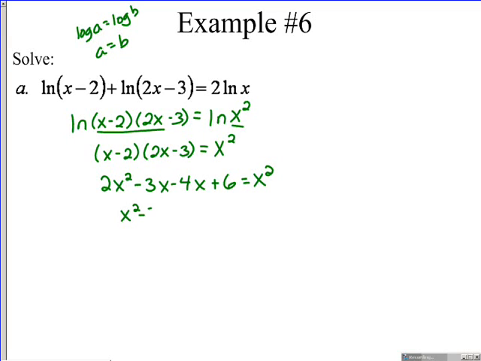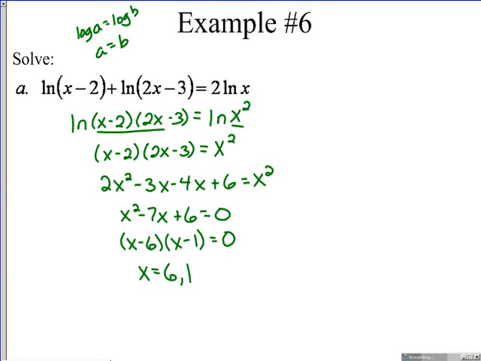We get x squared minus 7x plus 6 equals 0. This is factorable. Numbers that multiply to be 6 and add to be negative 7 are negative 6 and negative 1. Set each of those equal to 0. The two solutions we get are 6 and 1.